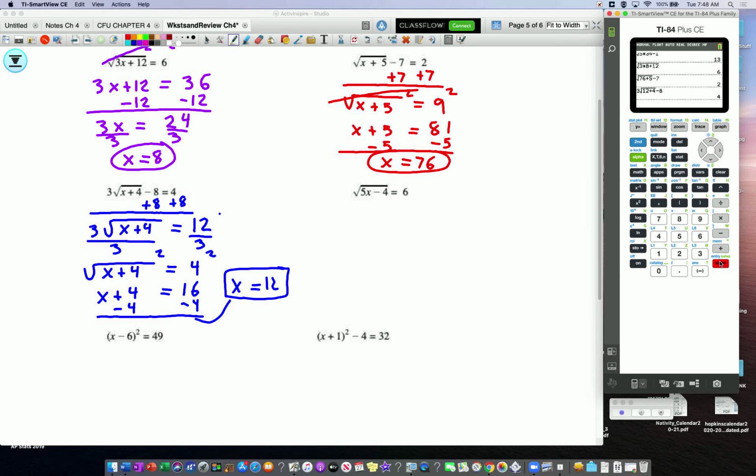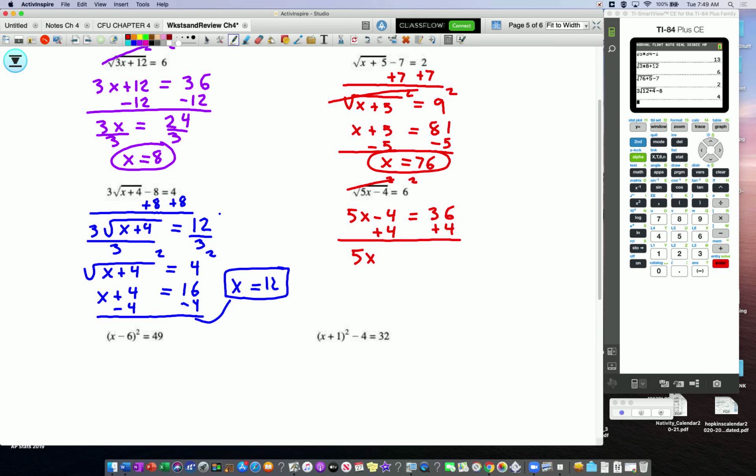All right, let's take a look at the very last one. The square root of 5x minus 4 inside equals 6. So the first thing I have to do is square both sides. So square and square root cancel. So I'm left with 5x minus 4 equals 36. Now I need to get rid of the minus 4. So I add 4 to both sides.